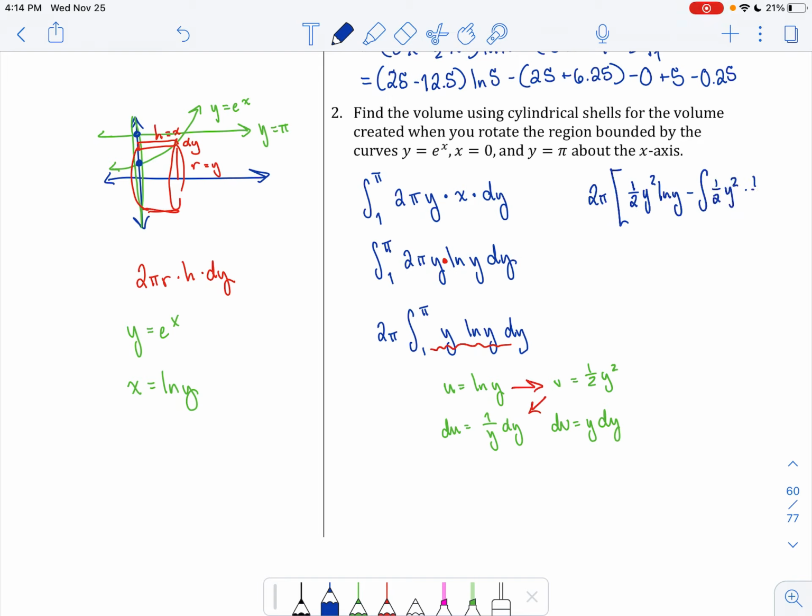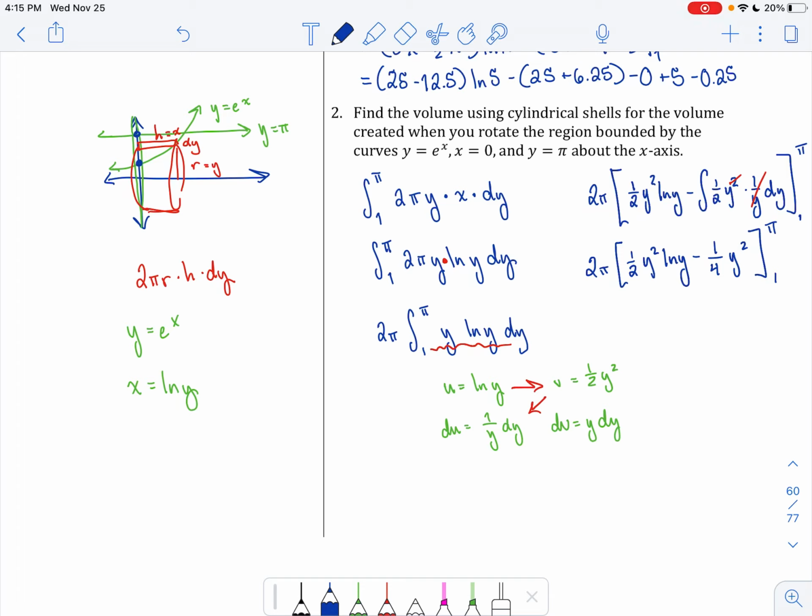So 1/2 y squared times 1 over y dy from 1 to pi. So then that's 2 pi times 1/2 y squared ln of y minus, and this integral, again, following similarly from before, is just the integral of 1/2 y. So that would be 1/4 y squared from 1 to pi.